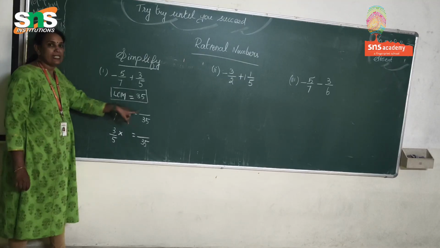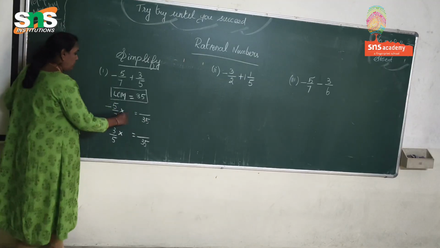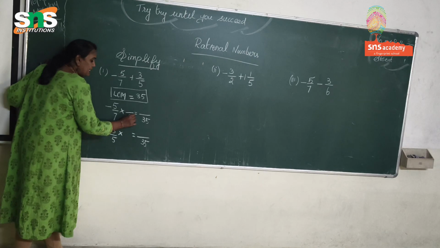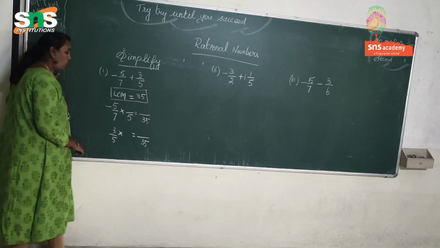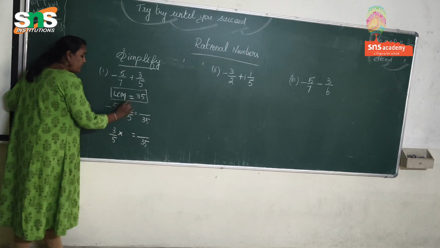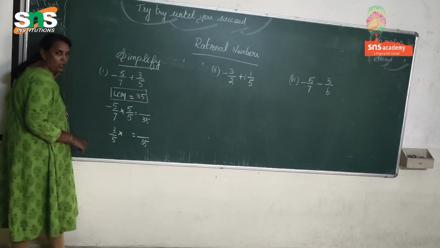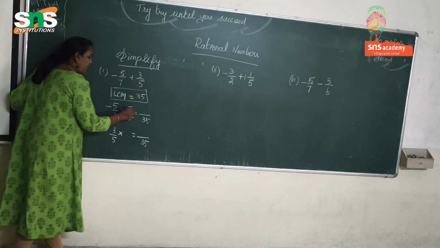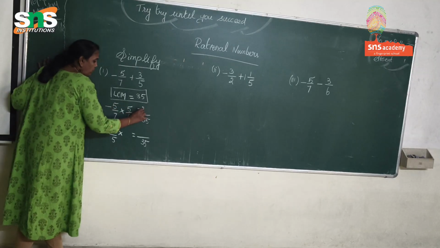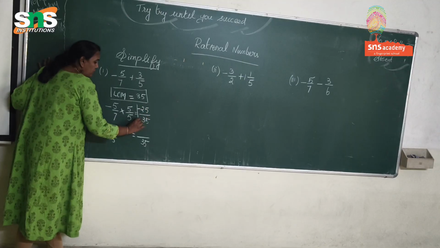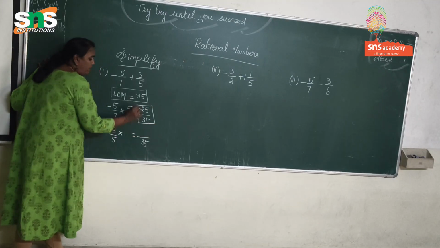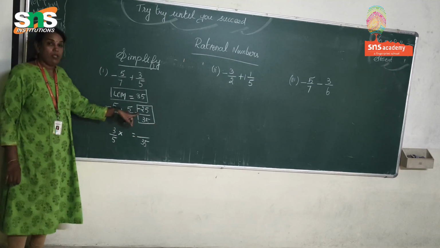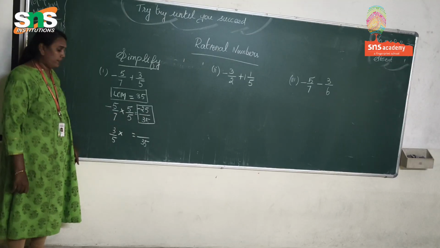Now how many sevens are 35? We can write 5 sevens are 35. So without fail, we have to write the same 5 in the numerator also. 5 fives are, which is minus 25. The first equivalent rational number is minus 25 by 35.